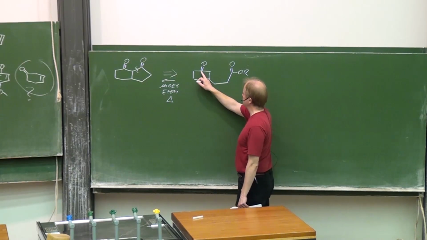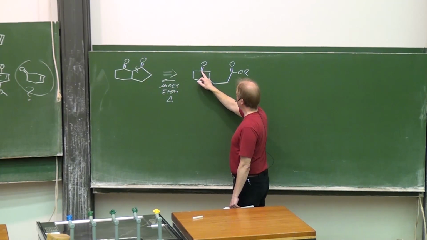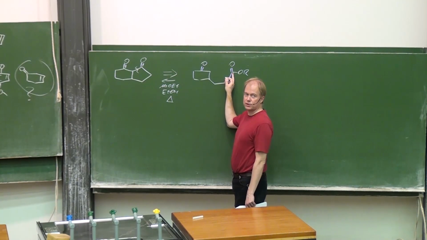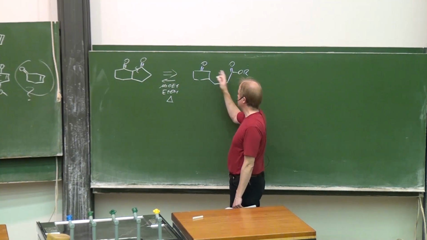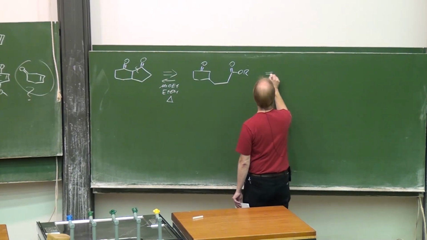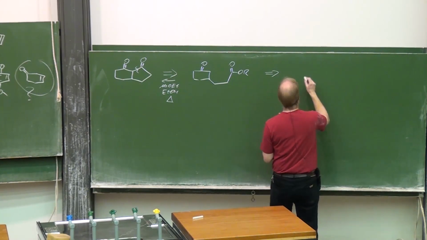Now we have again a 1,6 connectivity between the carbonyl groups. We should check the idea using an ozonolysis of a double bond or an oxidation of a double bond in setting up those two carbonyls.